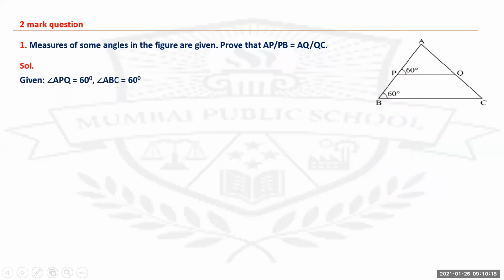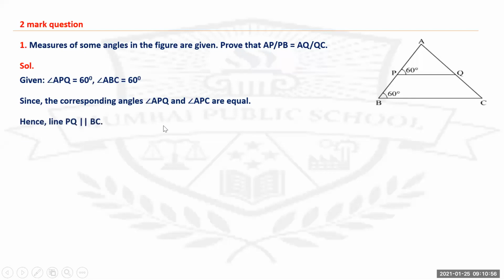Given angle APQ equals 60, angle ABC equals 60. Since the corresponding angles, as I have told you, APQ and ABC are equal, hence line PQ is parallel to BC.